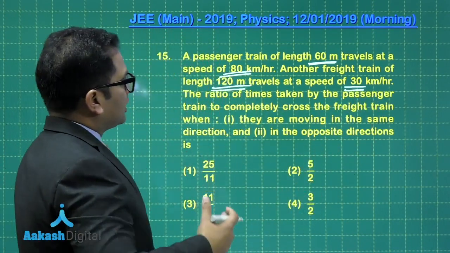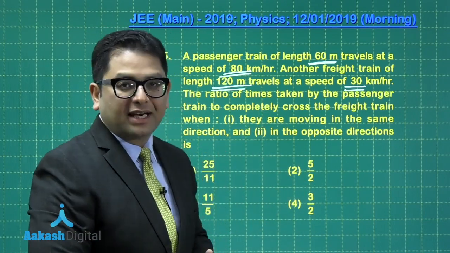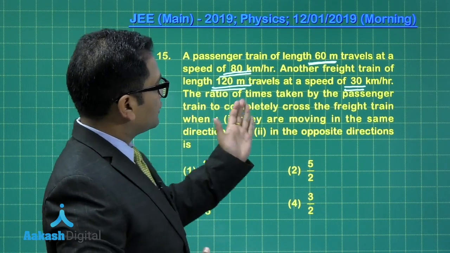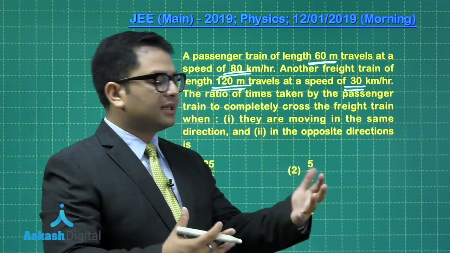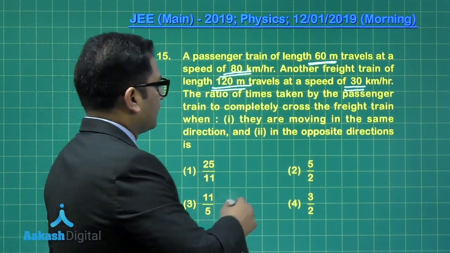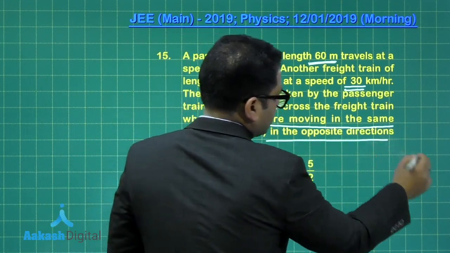So let me call the passenger train by the subscript 1 and freight train by subscript 2. You need to calculate the ratio of times taken by the passenger train to completely cross the freight train when they are moving in the same direction and in the opposite direction.